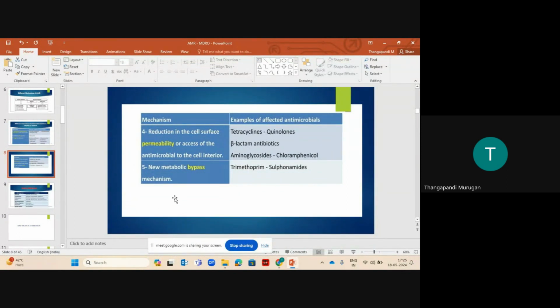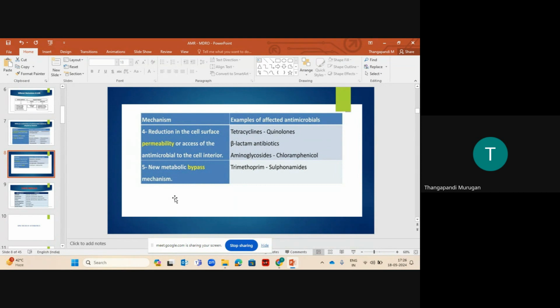Yeah, because we are seeing that metabolic bypass mechanism. Most of us have studied first pass metabolism, where the oral formulation is metabolized in the first pass, and with IV it is bypassed. Similarly, this new metabolic bypass mechanism has been identified in recent years.